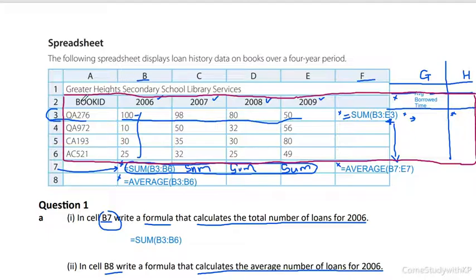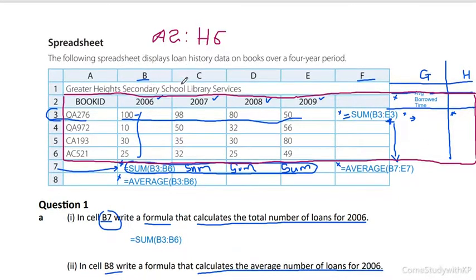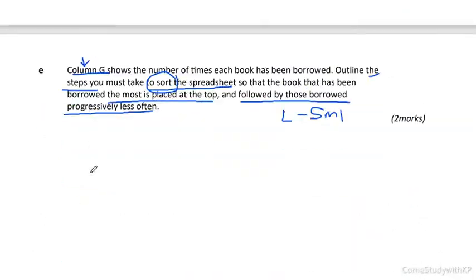We'd click on the cells and highlight from A2 to H6. So we'd highlight from A2 to H6. And once we've done that, let's write our steps.